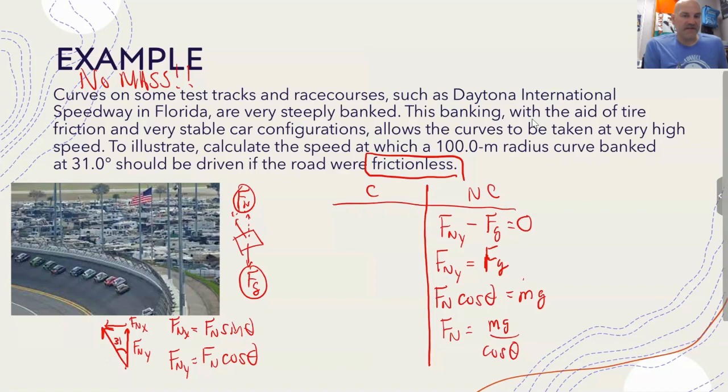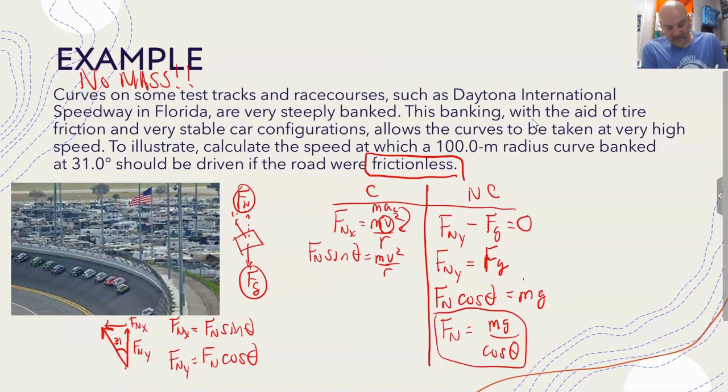That's going to be important because in the x direction, or the circular direction, we will have an Fn running around in there. So we would have Fnx equals mv squared over r, or really it's equal to m a_c, but we're calling a_c v squared over r because we're looking for the speed. So this would be Fn sine theta equals mv squared over r. But Fn over here we found to be mg over cosine theta.